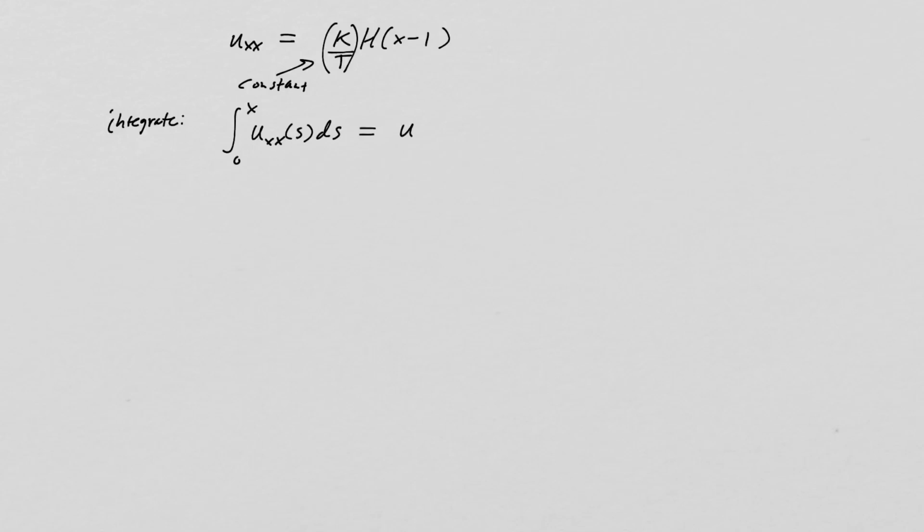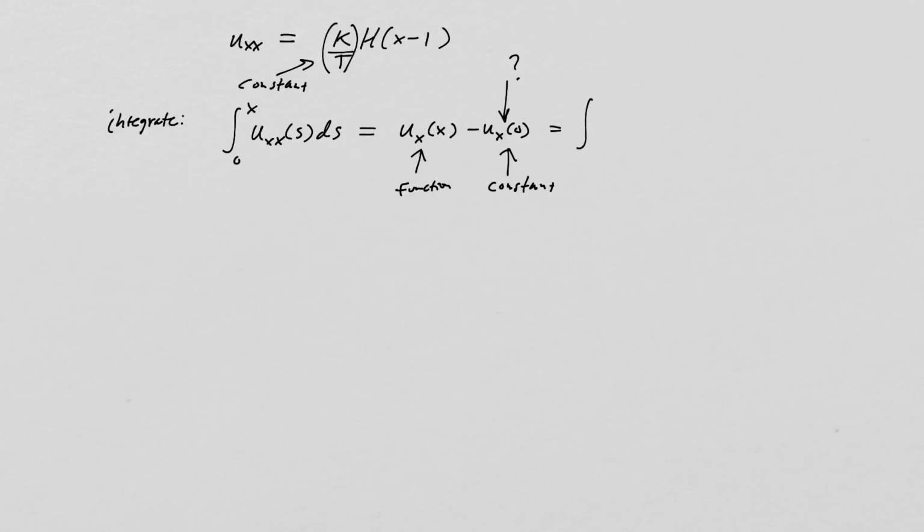And of course, I can take the antiderivative, like so, because again, this is a definite integral. The question is then, we don't know what that is. This right here is a function, but that is a constant.